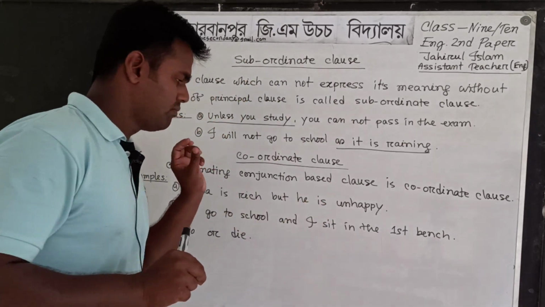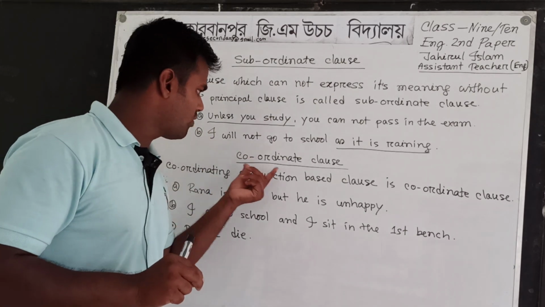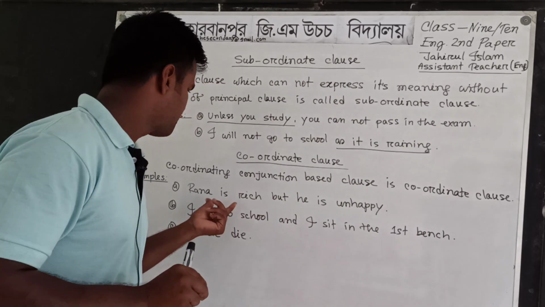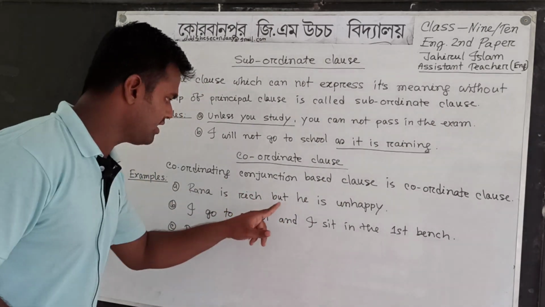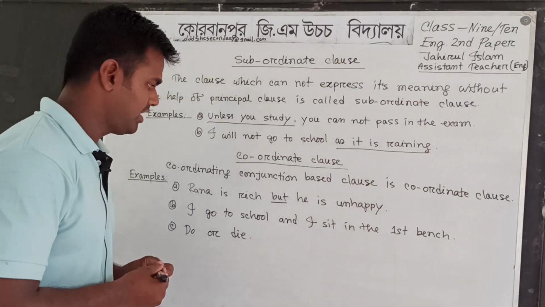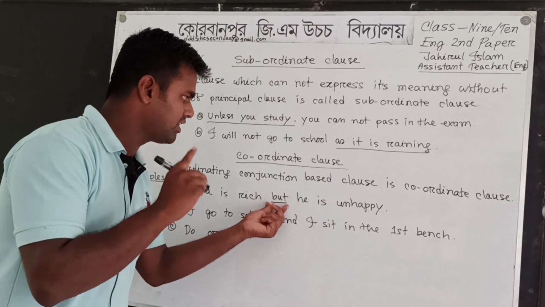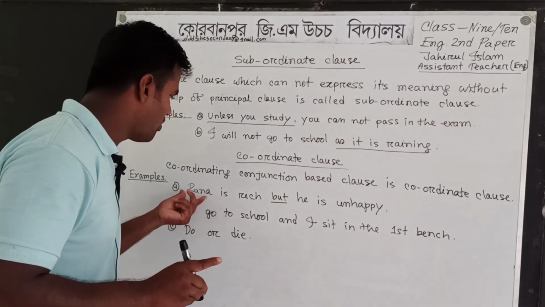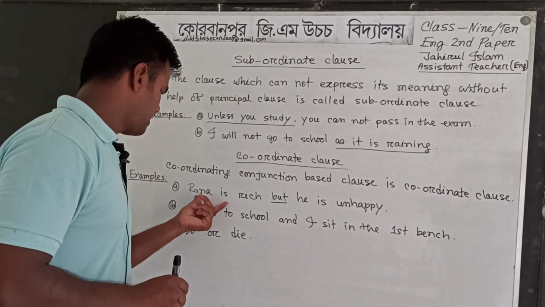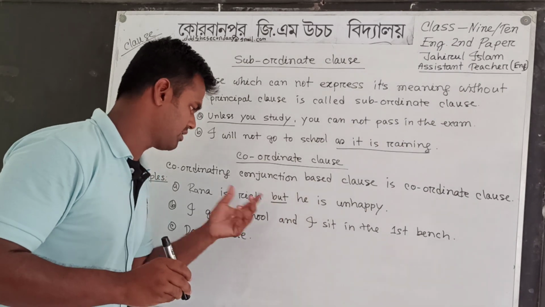Both sentences are principal clauses. That means in a coordinate clause you will see two or more principal clauses. Here you can see the coordinating conjunction but. That's why it is an example of a coordinate clause.